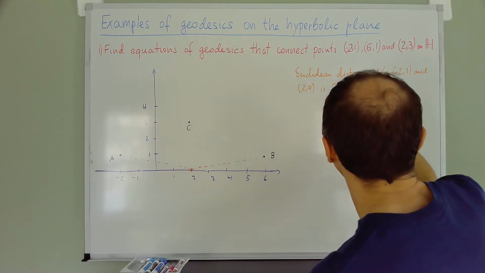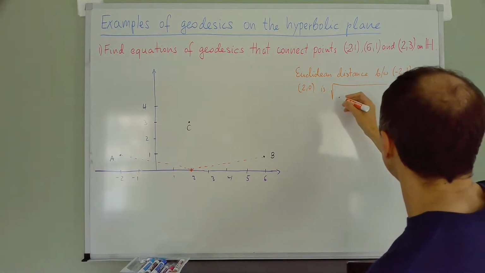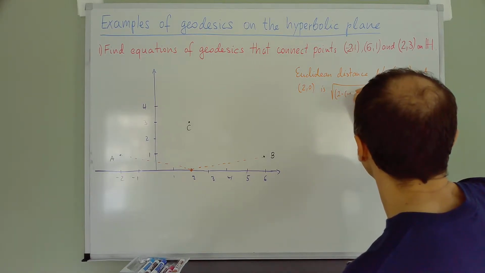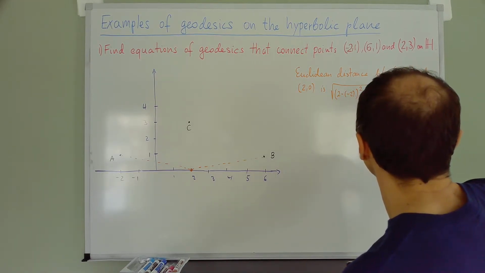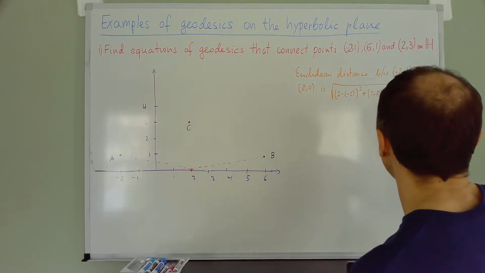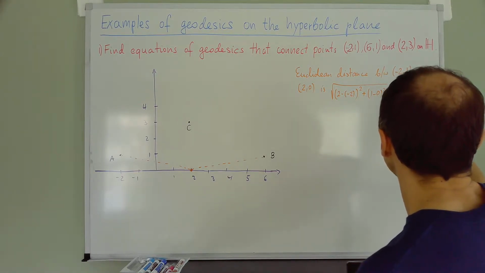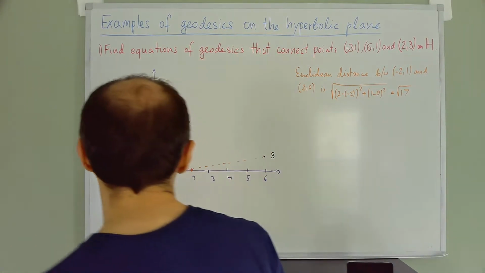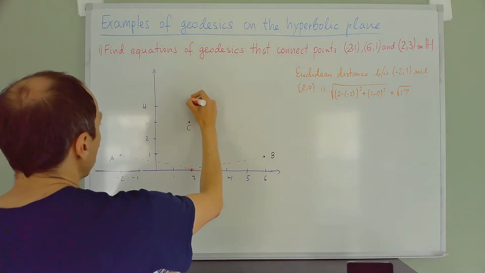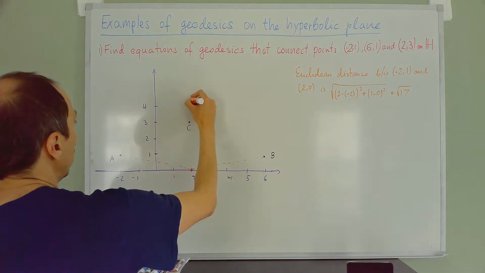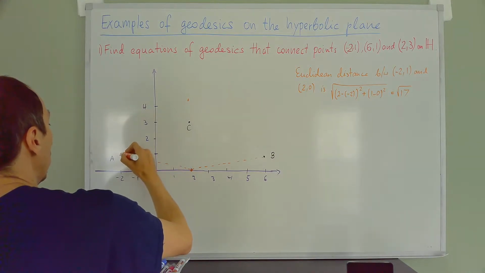That's just the square root of 2 minus -2 squared plus 1 minus 0 squared, so you get radical 17. Radical 17 is slightly bigger than 4, so it's going to pass somewhere slightly north of the 4th marking here.